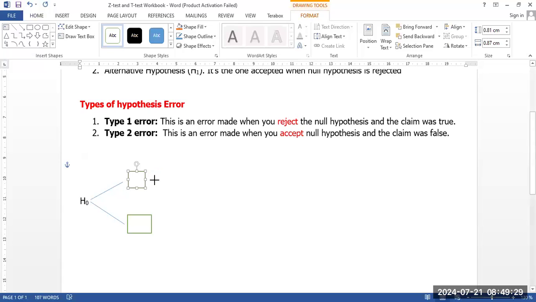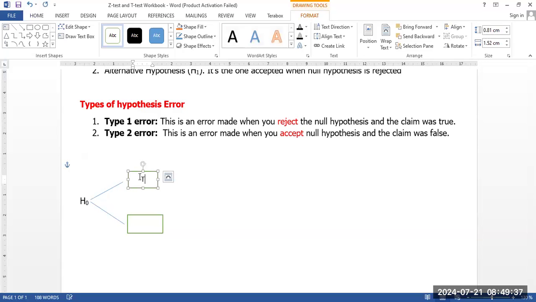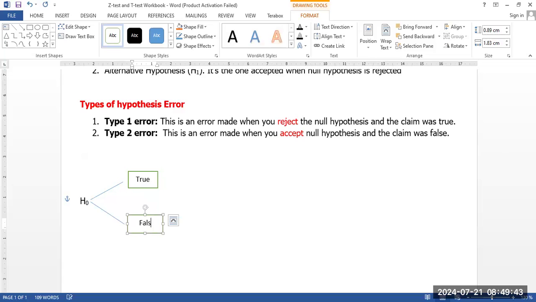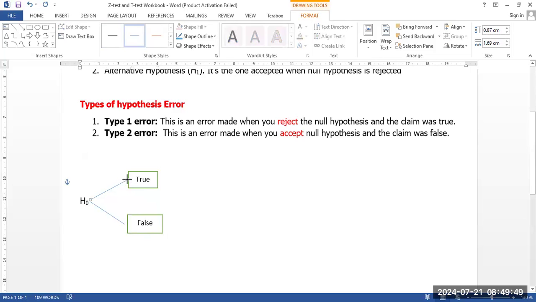So your null hypothesis can be true or it can be false, based on what you state. Here it can be true, or here it can be what? It can be false. What you state, you as the researcher. Your null hypothesis can either be true or false.